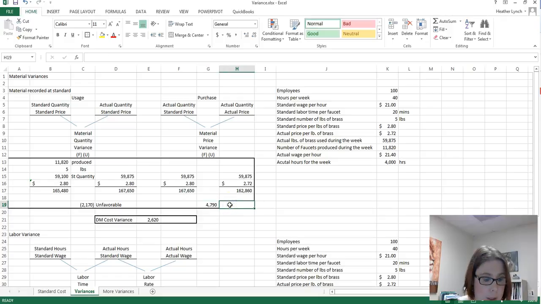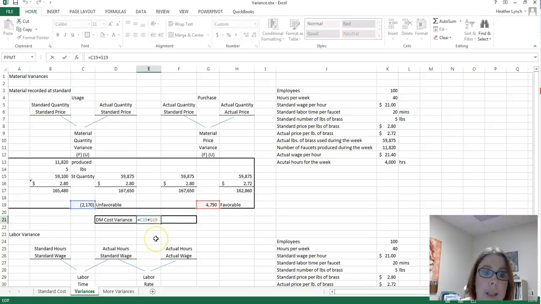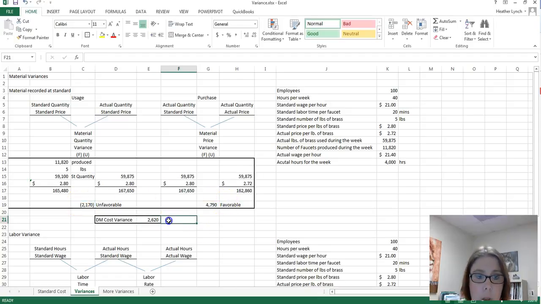Taking the difference, we are favorable. Then you're going to add these together, your unfavorable and your favorable. So for our direct material cost variance, we had a $2,620 favorable.